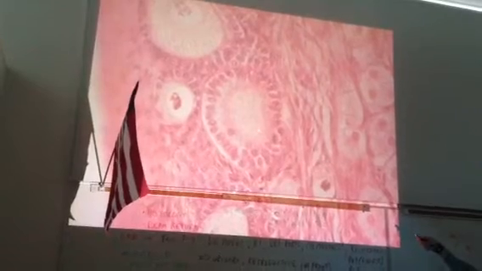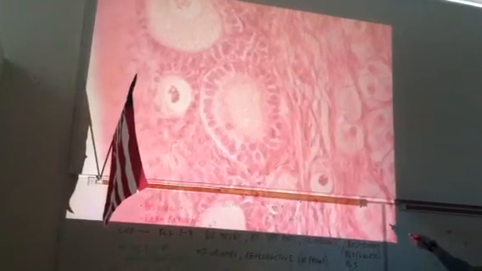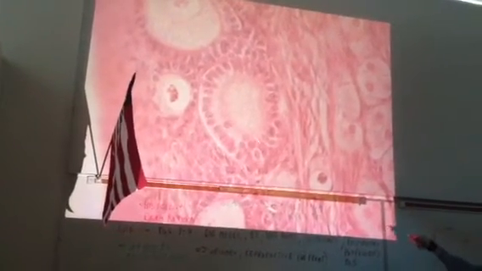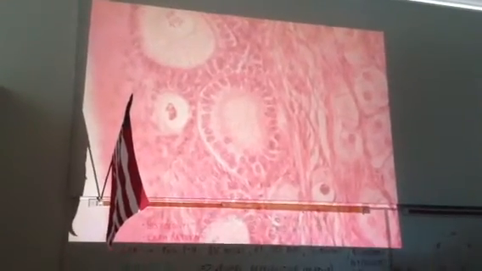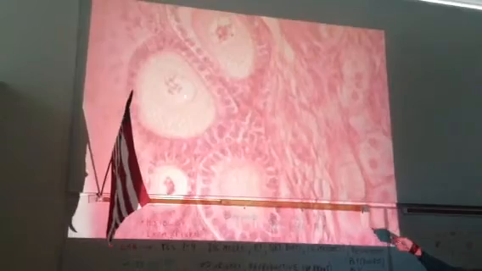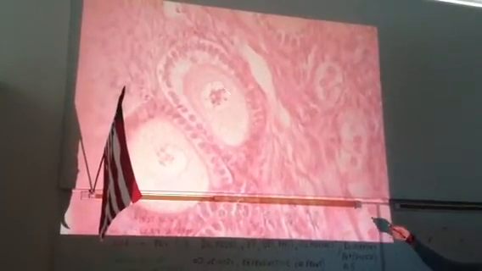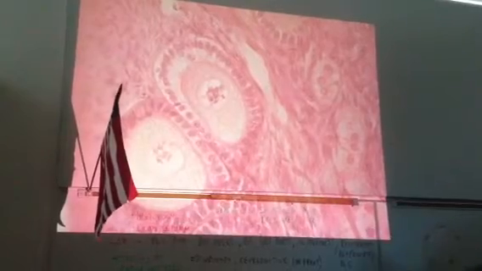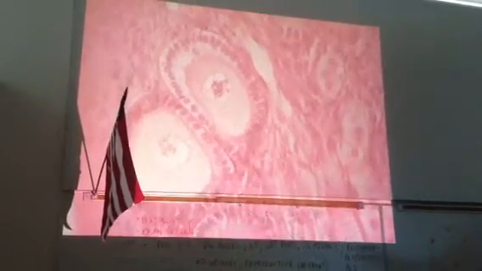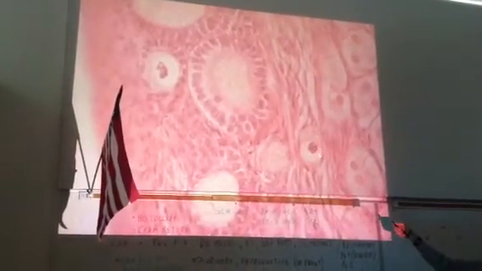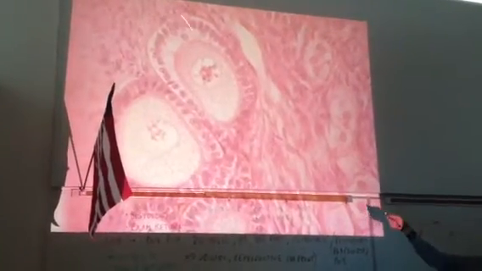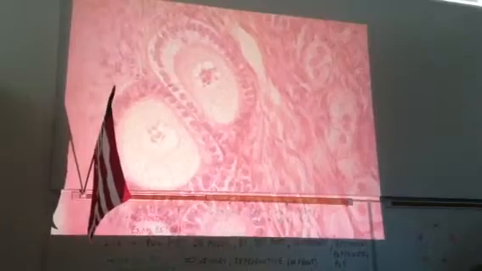The primordial follicle has developed in this. We don't see the nucleus within it, but we're starting to get these cuboidal to columnar shaped cells. They'll become more columnar as development occurs. And there's another one here. We do see where the nucleus of that follicle cell is. There's another one right here. So that is primary. The primordial is the black dot with a white circle around it. Primary looks like this with the cuboidal to columnar shaped cells around it.